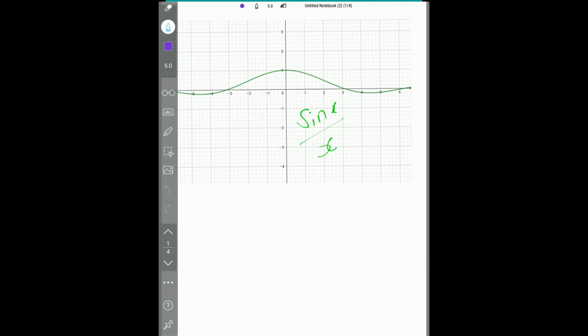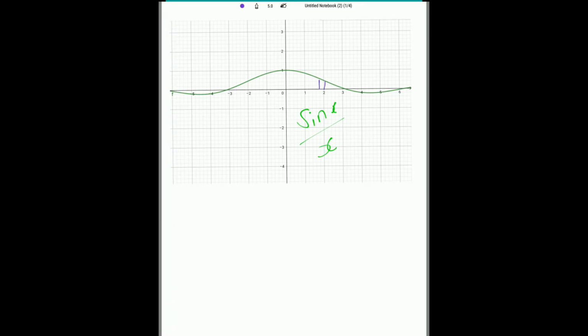If we approach 0 from the right-hand side, we see that f of x is getting closer and closer to 1. If we approach 0 from the left-hand side, we see that f of x is getting closer and closer to 1.